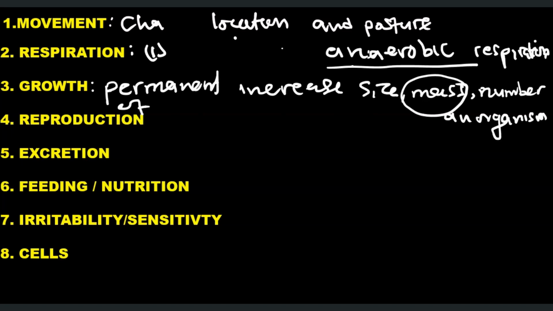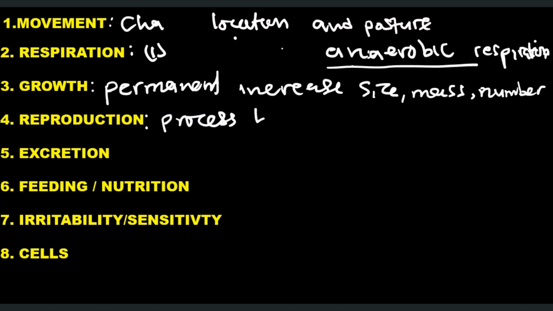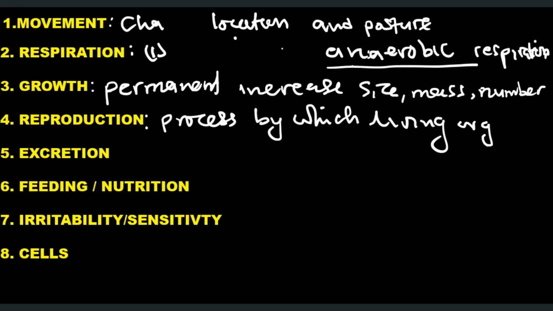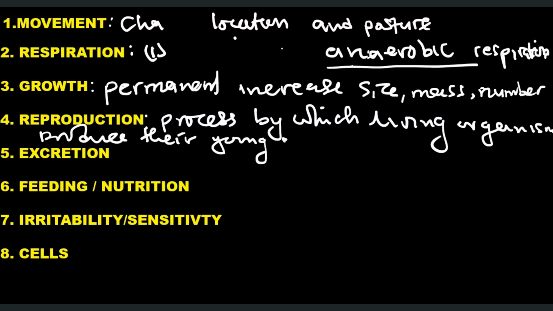All living organisms are able to reproduce. Now, what is reproduction? Reproduction is a process by which living organisms produce their young ones.